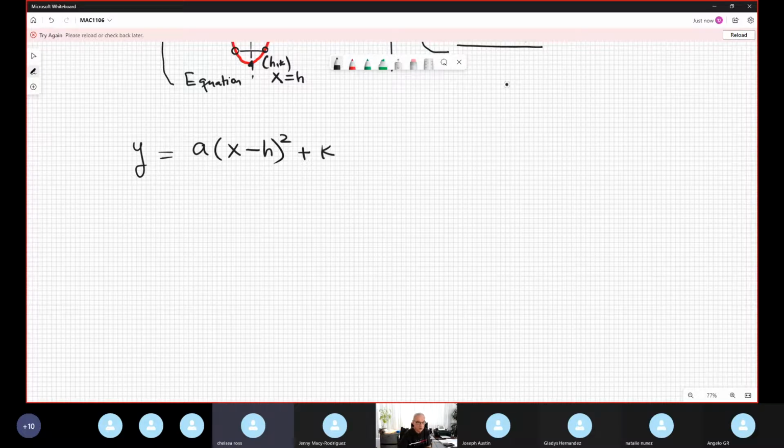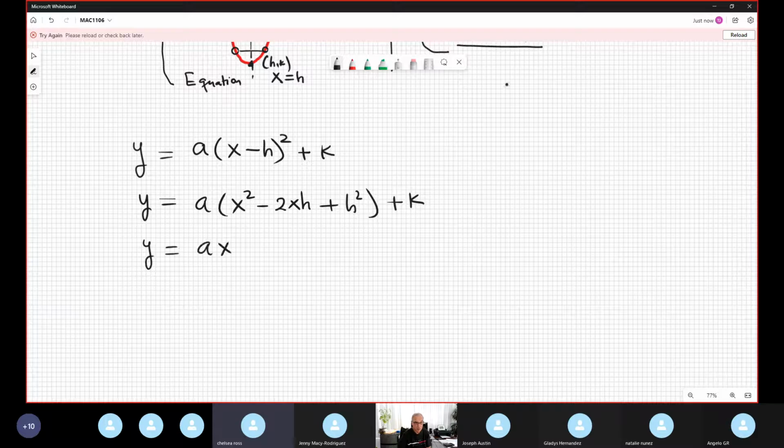Let me manipulate a little bit of algebra here. Say y is equal to, you expand this to x squared minus 2xh plus h squared plus k. And you multiply by a, distributing: a x squared minus 2ha x.